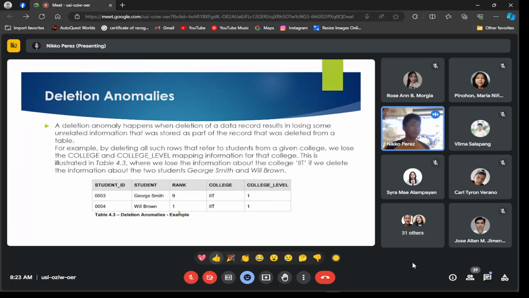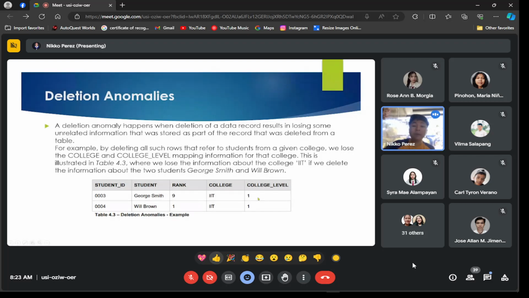So unsa na akong pasabot? So let's say for instance, you only wanted to delete the record George Smith, no? Student. Nani siya sa student nga table. You only wanted to delete this record. But what will happen if you delete the George Smith? It will also delete the record of the college IIT and its college level 1.